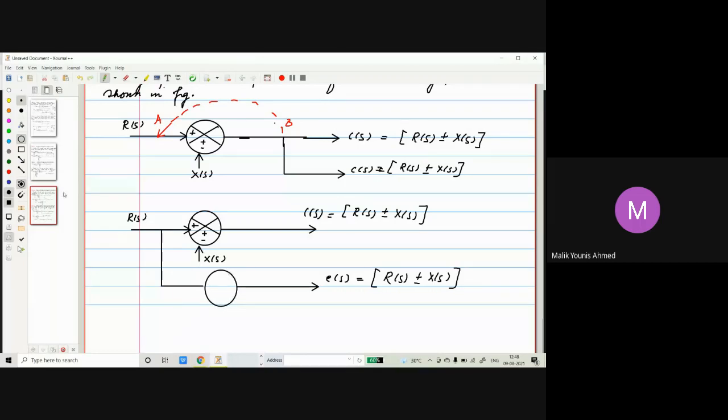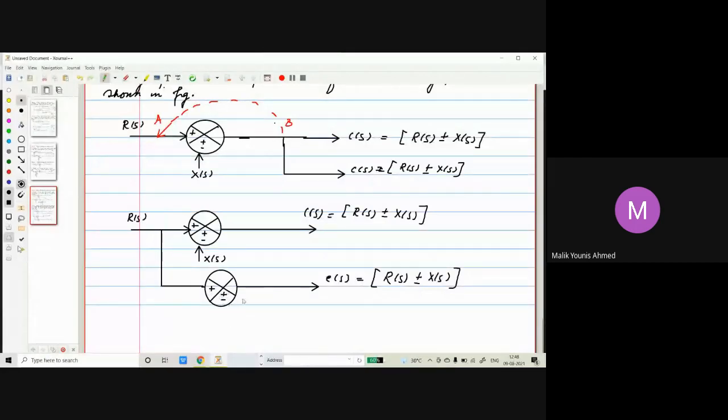Okay, we should have some point. This signal has to be plus, and this signal has to be plus minus.